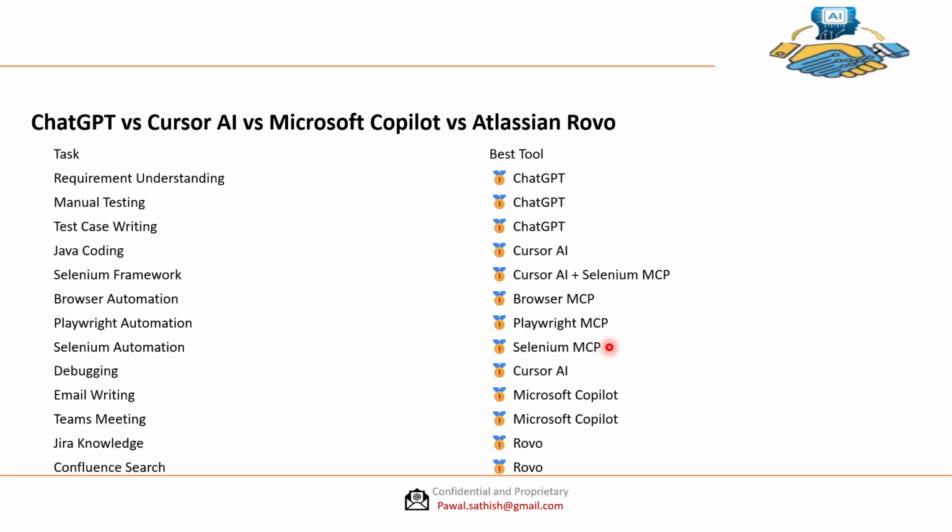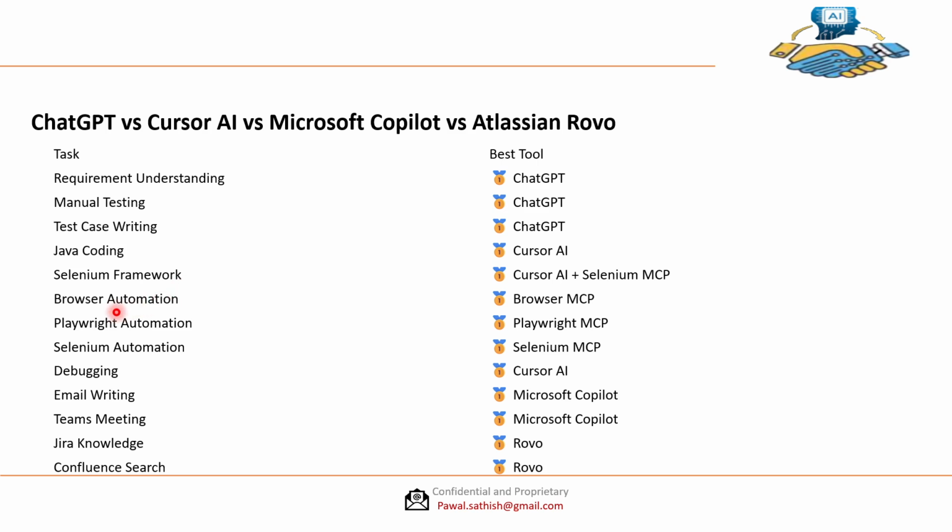Now, if you see here, for a task like requirement understanding, ChatGPT is very useful, even for manual testing, test case design. Then we can go ahead with ChatGPT. In case you are using Java coding, then Cursor AI is very useful, Selenium framework. So using Cursor AI and the Selenium MCP, we'll use it.